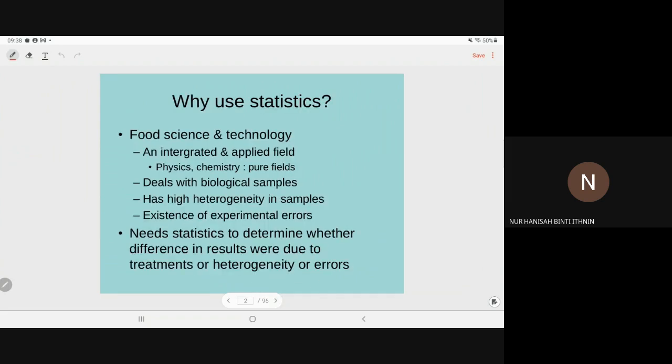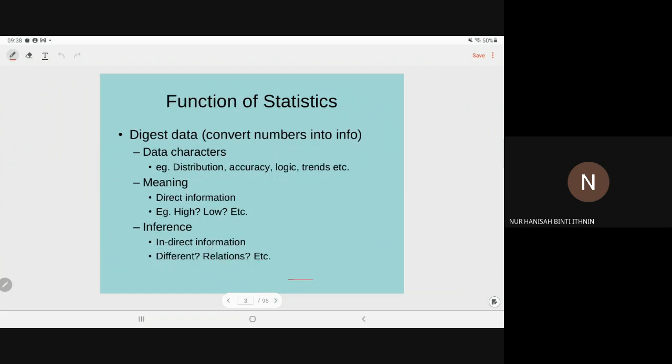So just a recap. We discussed why we need to use statistics, especially in food science, basically because we are dealing with samples with a higher degree of heterogeneity. So we need statistics.